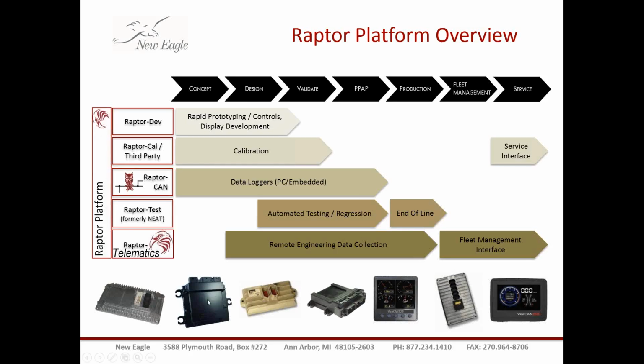One of the modules here you see is a Modohawk module. For ECUs that aren't supported by that, we use Raptor Dev, and especially for display development. Today we're able to do the display development within the Simulink tools to generate the software for displays as well as our embedded controls.